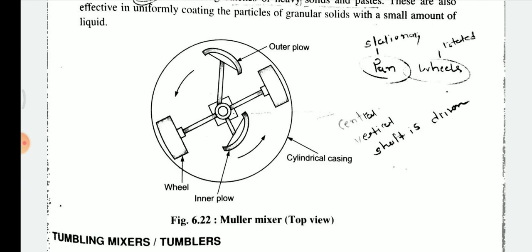Here is the outer flow and the bottom one is the inner flow. That means this is a moving shaft in the direction where the wheels are rotating, either clockwise or anti-clockwise.